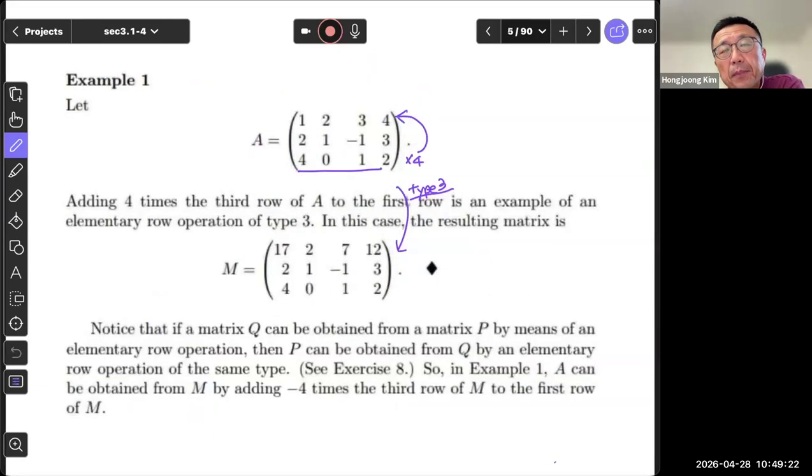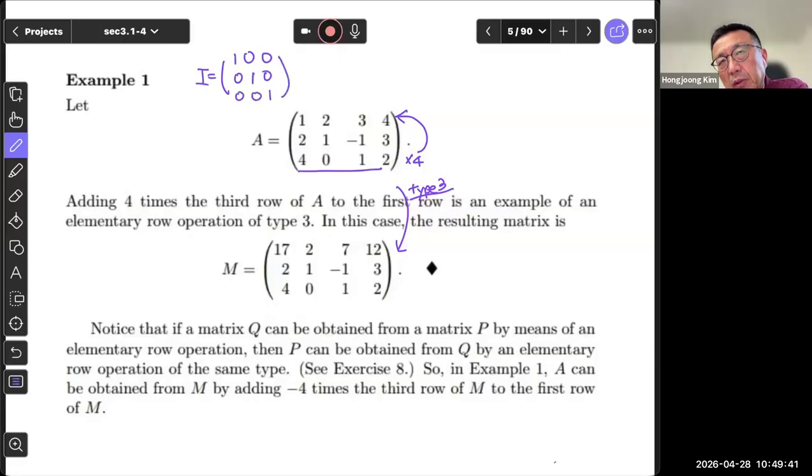And in case of M, we perform the type 3 operation. We multiply the 4 to the third row of A and then add it to the first row. Now, given the identity matrix of 1, 0, 0, 0, 1, 0, 0, 0, 1.